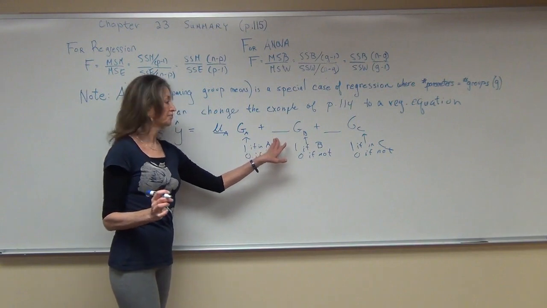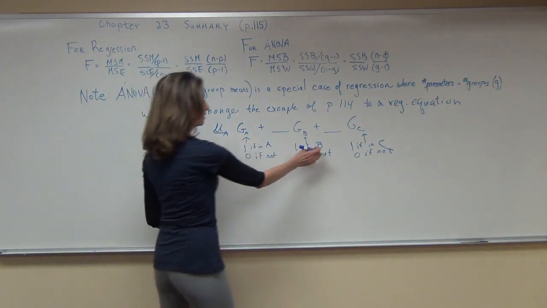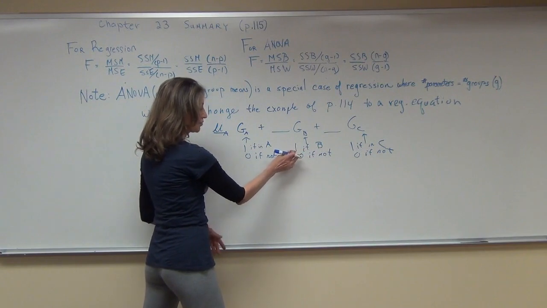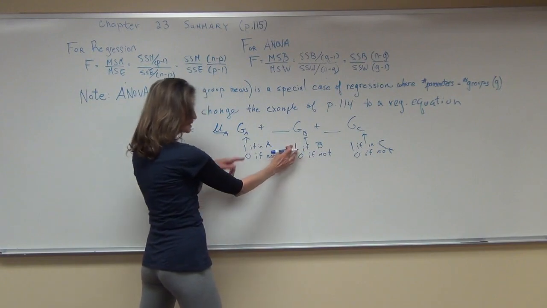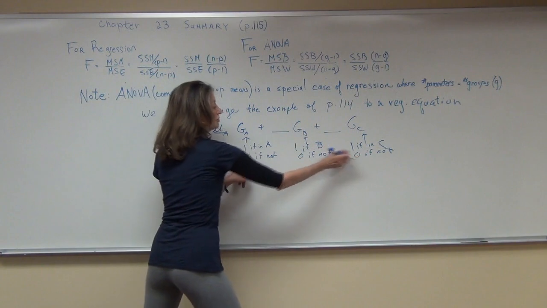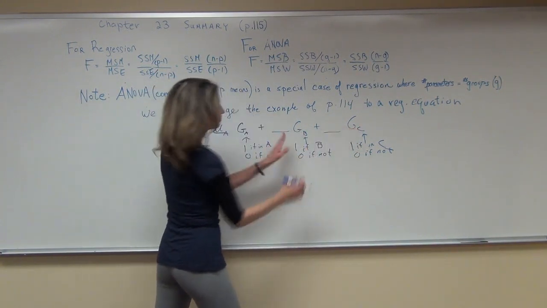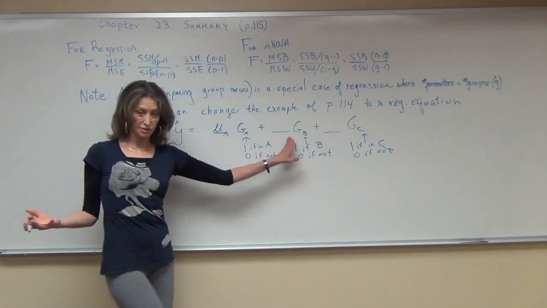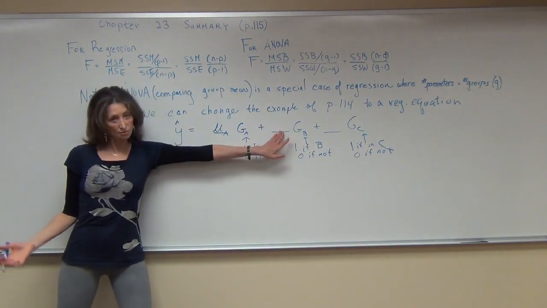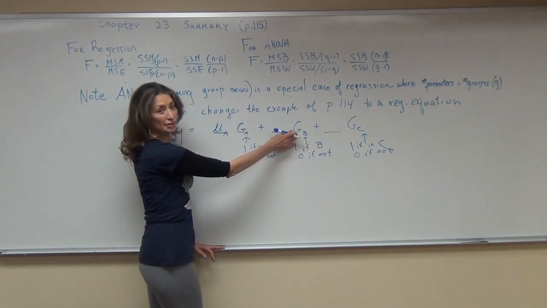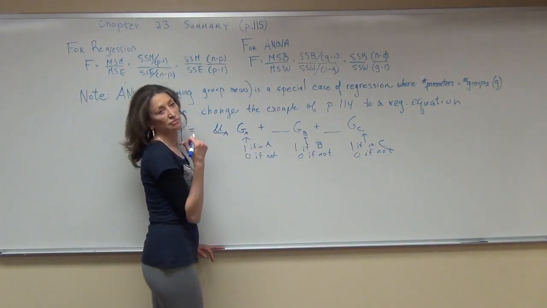And if you're in group B, it would be 1 for this, and 0 for these 2, because if you're in group B, you're not in A and C. So now, if you're in group B, the best prediction for Y is just the mean of all the Y values for group B.